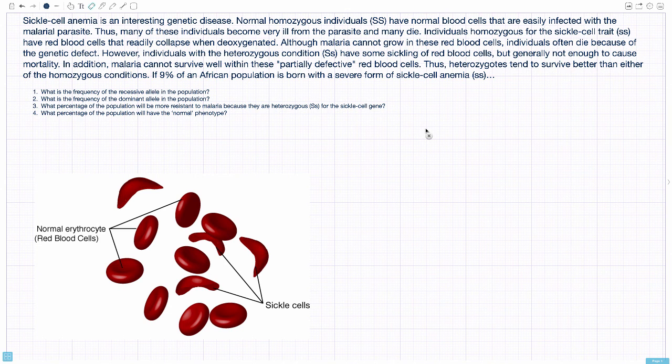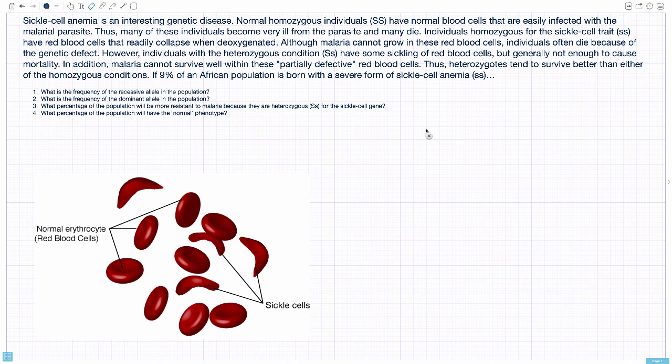Homozygous recessive individuals basically die of sickle cell anemia, but heterozygotes, okay, this disease is inherited via incomplete dominance, where the heterozygous individual has a different phenotype than both homozygotes. Heterozygotes have some sickling of red blood cells, but generally not enough to cause mortality.